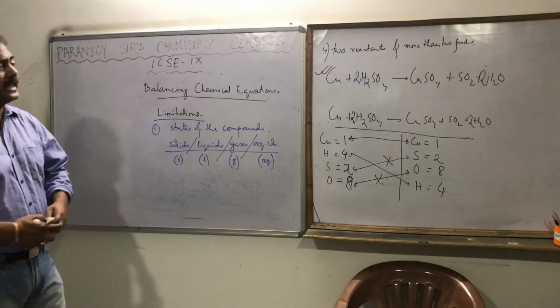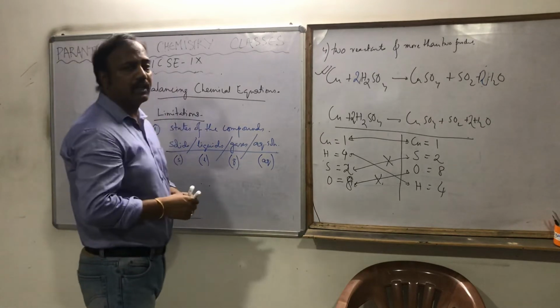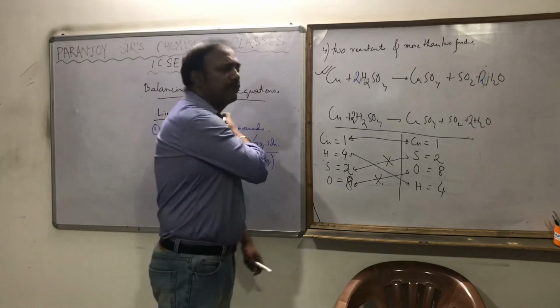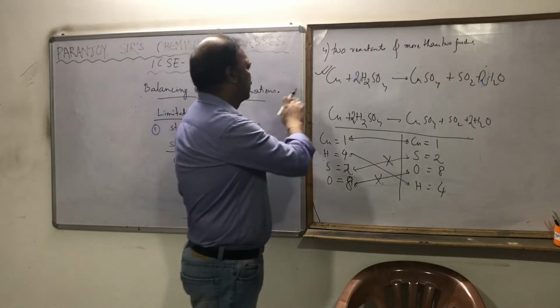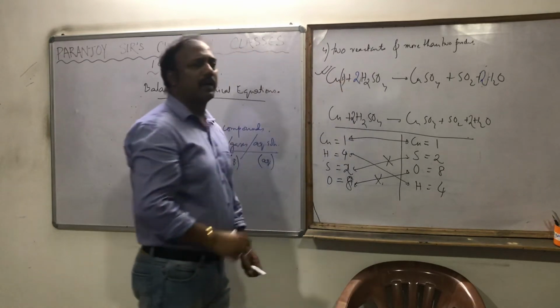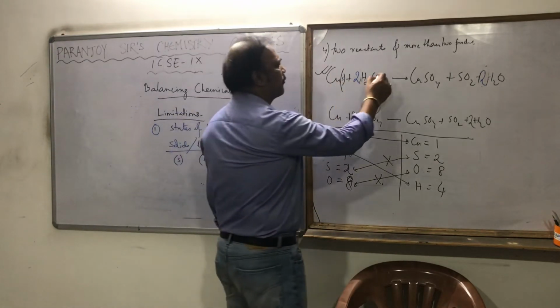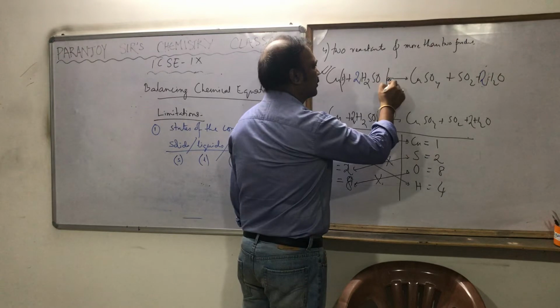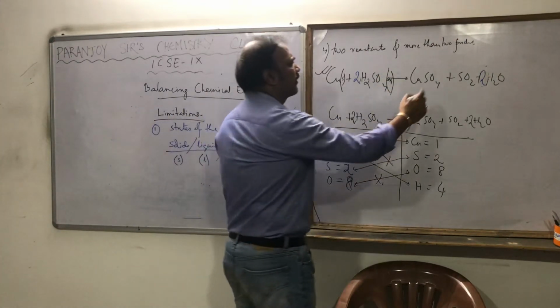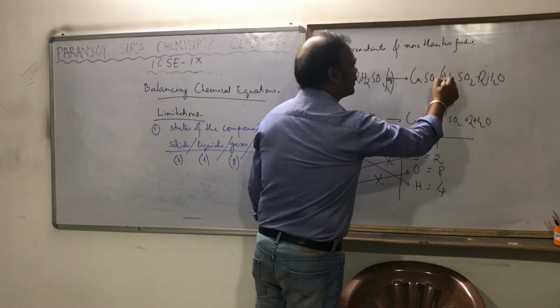In this case, if we want to write down the states, I am taking an example. Copper is solid. H2SO4, sulfuric acid, obviously is aqueous. Copper sulfate is again solid.